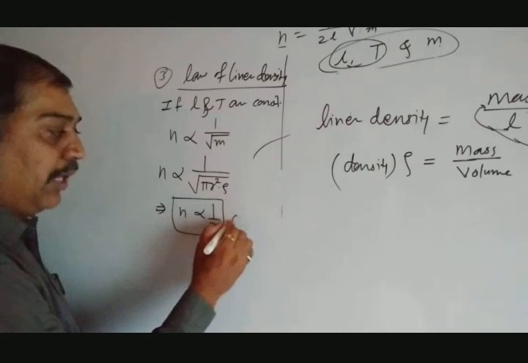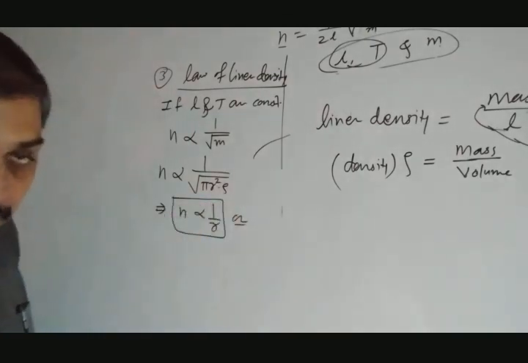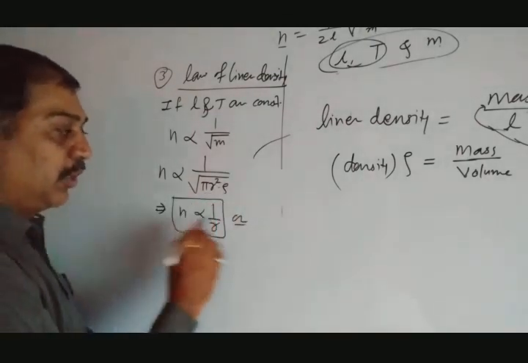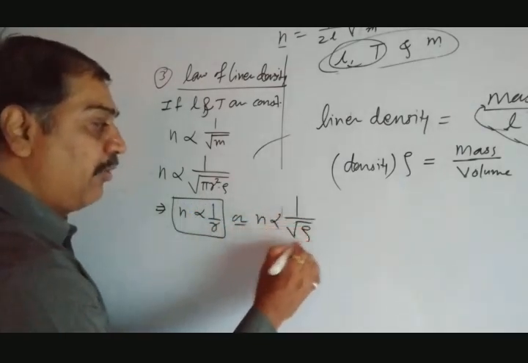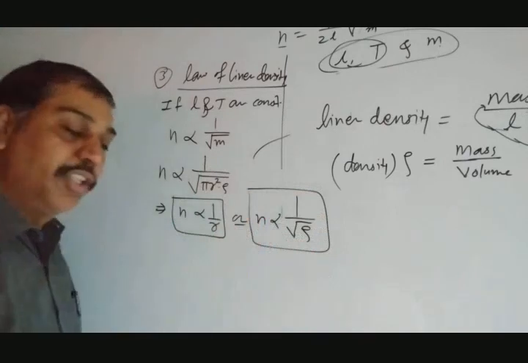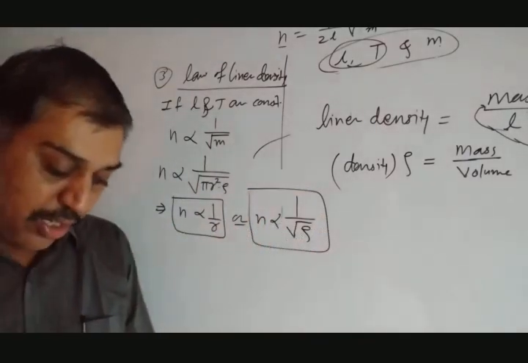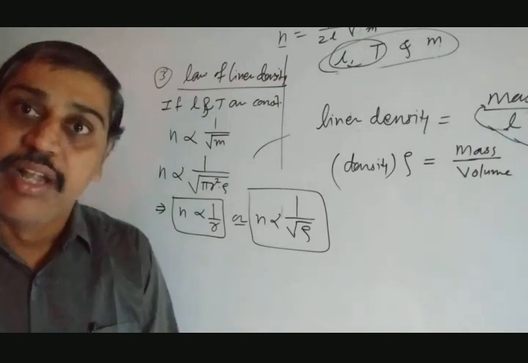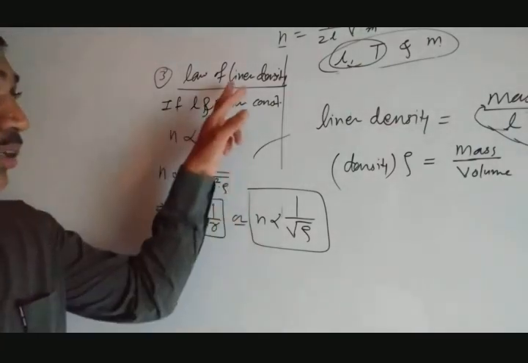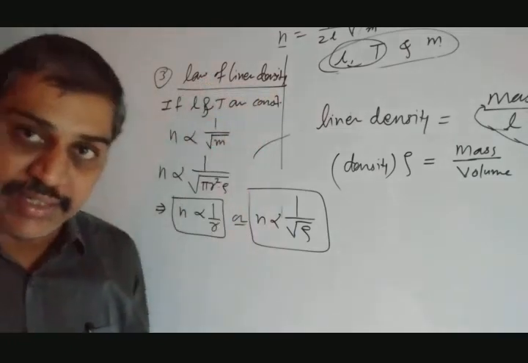When pi and R are constant, N is inversely proportional to square root of rho. So these are the two conditions we get from the third law of vibrating string, that is said to be the law of linear density for a string.